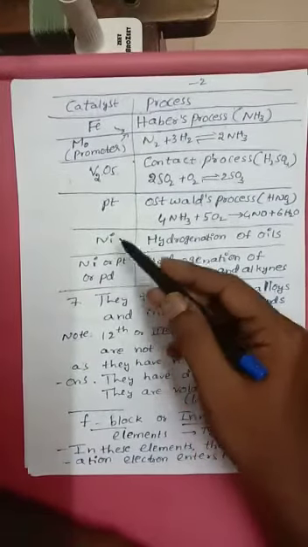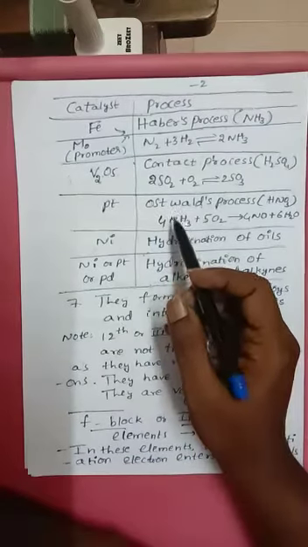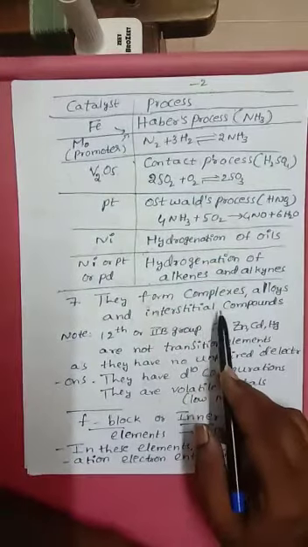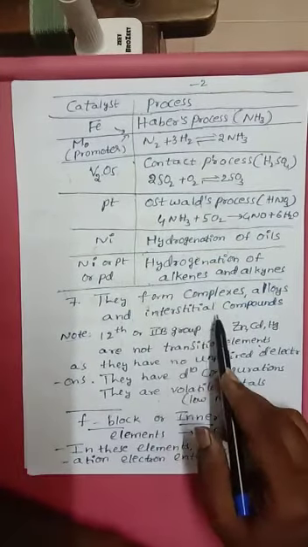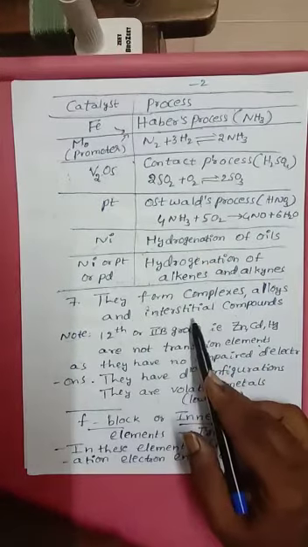Nickel or platinum or palladium are used as catalysts for the hydrogenation of alkenes and alkynes. These are some catalysts we use in chemical reactions. They form complexes, alloys and interstitial compounds. Let us discuss complexes, alloys and interstitial compounds in the next chapter.